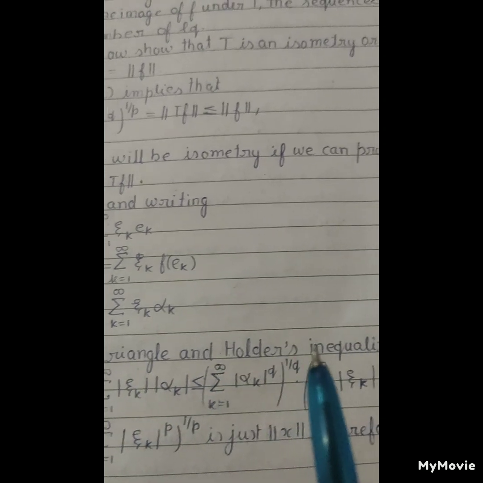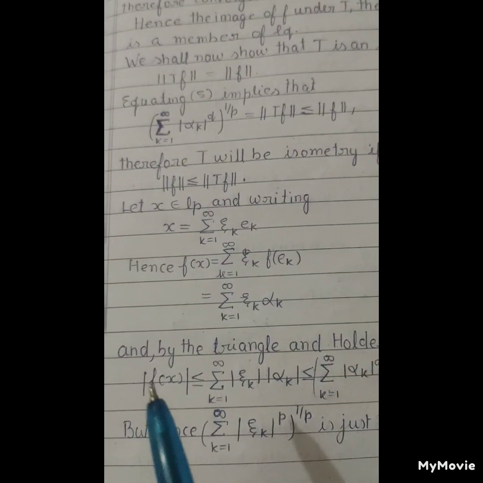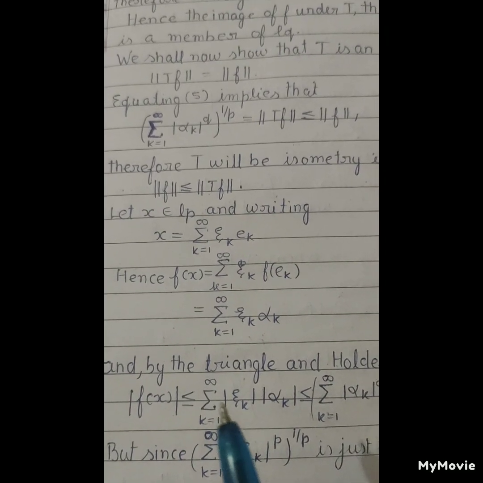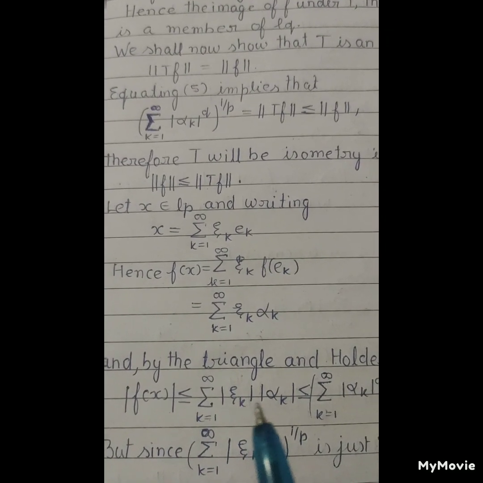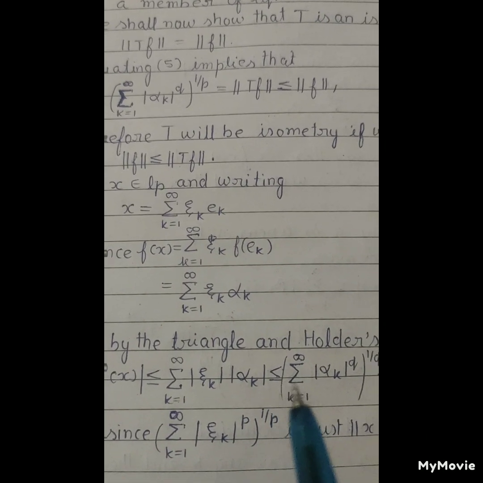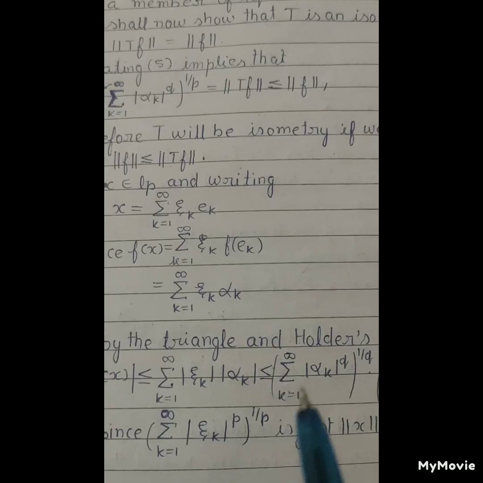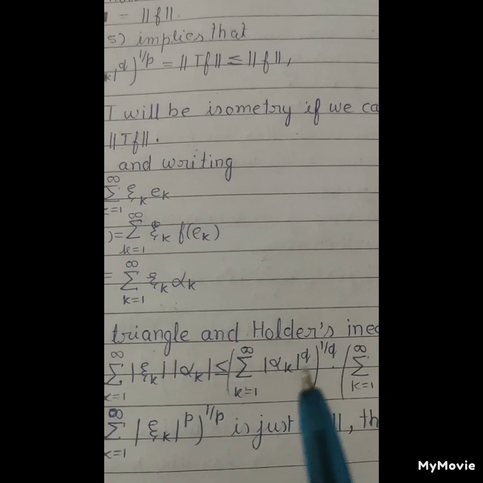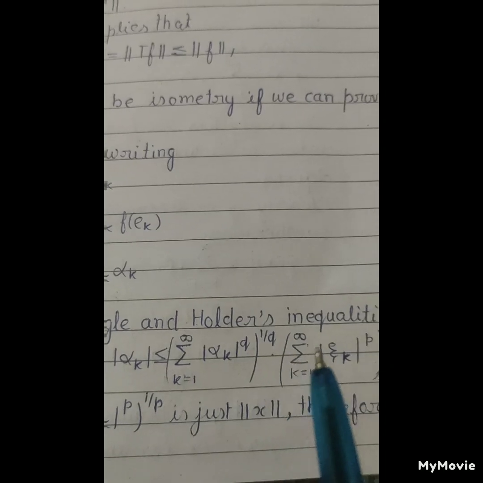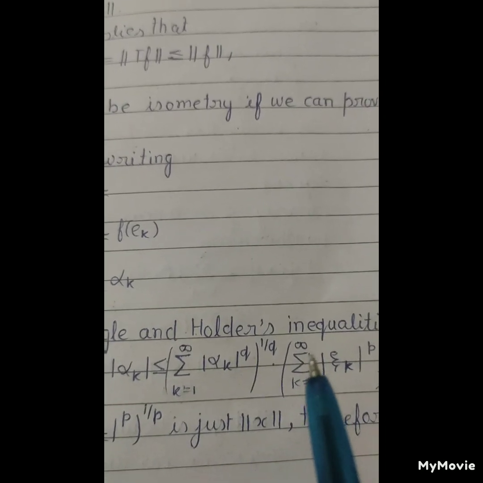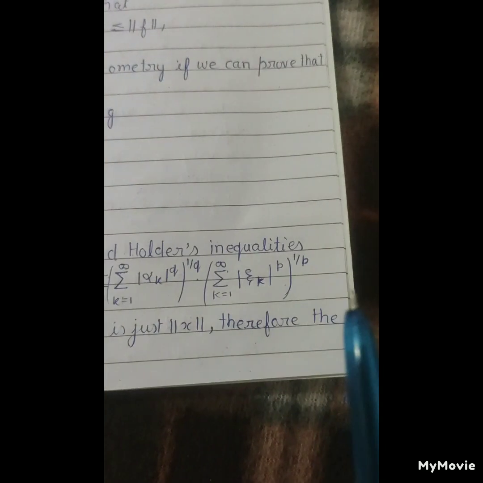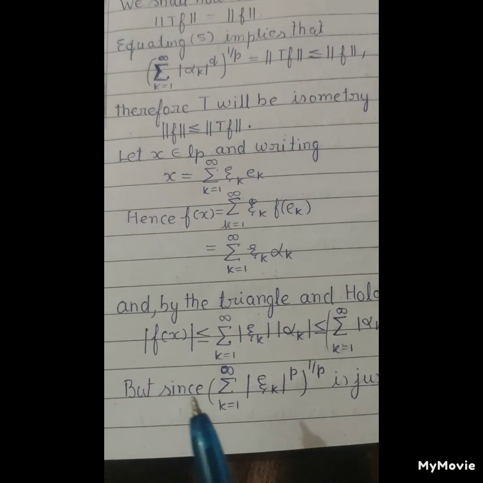And by the triangle and the Hölder inequalities, |f(x)| = Σ_{k=1}^{∞} |ξ_k| |α_k|, which is less than or equal to (Σ_{k=1}^{∞} |α_k|^q)^{1/q} (Σ_{k=1}^{∞} |ξ_k|^p)^{1/p}.